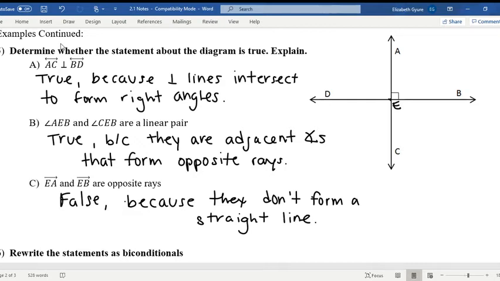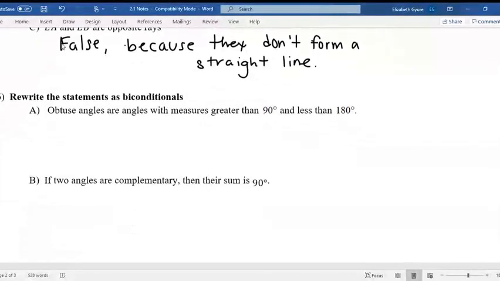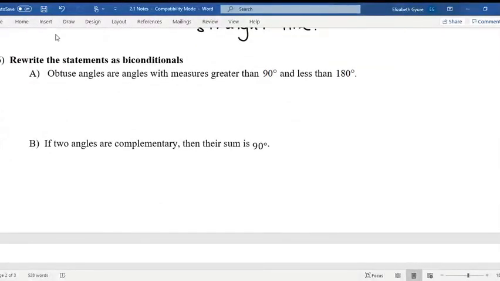And then a few things about biconditionals, and then we will move on to the next part. So rewrite the statements as biconditionals. Remember, our biconditionals are written with our phrase if and only if. So P, if and only if Q. So what we're going to have to do here is identify our hypothesis and then identify our conclusion, and put the phrase if and only if in the middle.